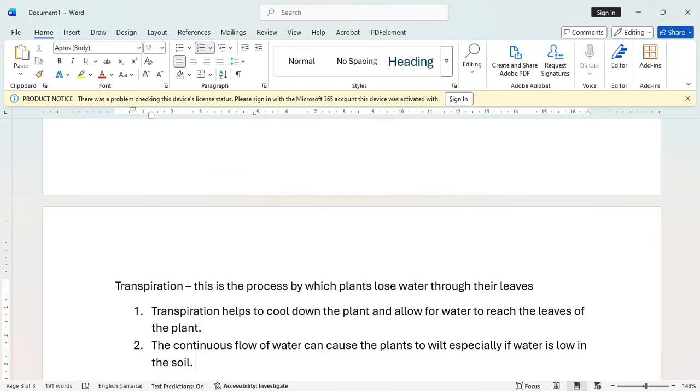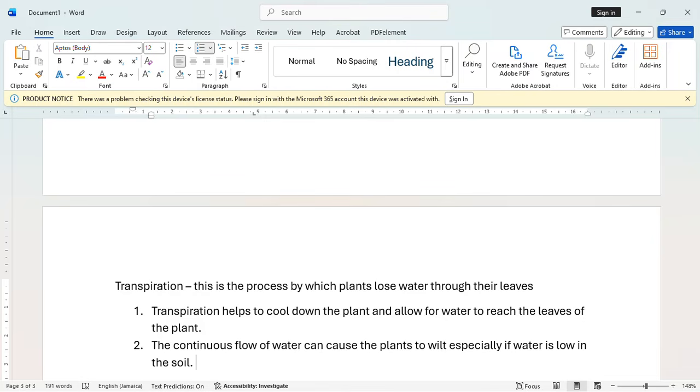So while you have transpiration, which is something good, if there is not an access of water within the soil, that water leaving is going to cause the plant to wilt, because the plant is going to try and conserve. By doing so, it prevents the carbon dioxide from entering. So with a continuous lack of water, a plant will eventually die.